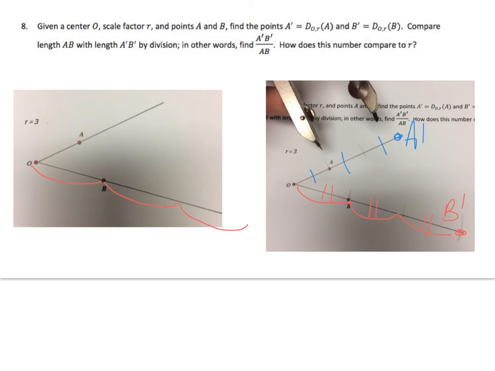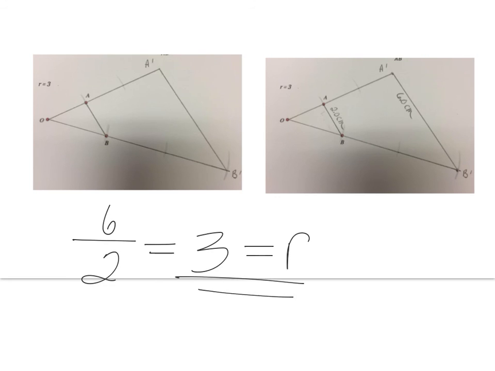Let's go to the next page. Okay, we draw a line through A, B, and a line through A prime, B prime. I measured them. I got 2 centimeters for AB and 6 centimeters for A prime B prime. So 6 over 2 is in fact 3, which does match my scale factor.